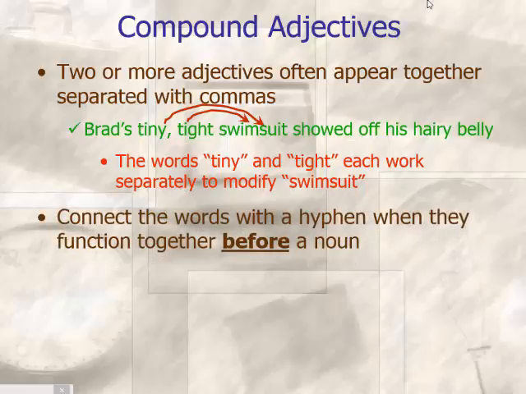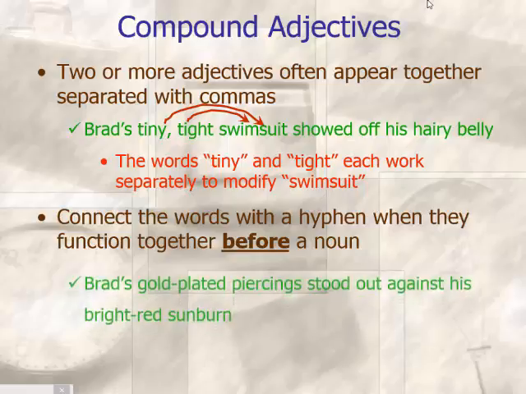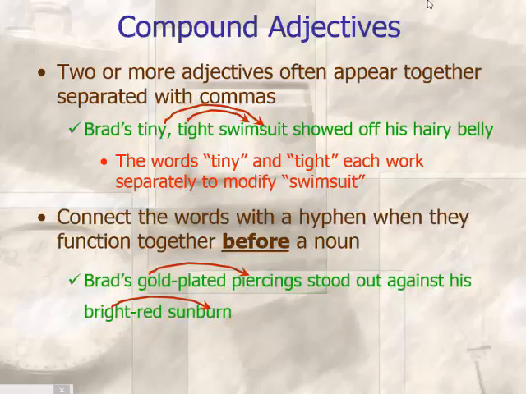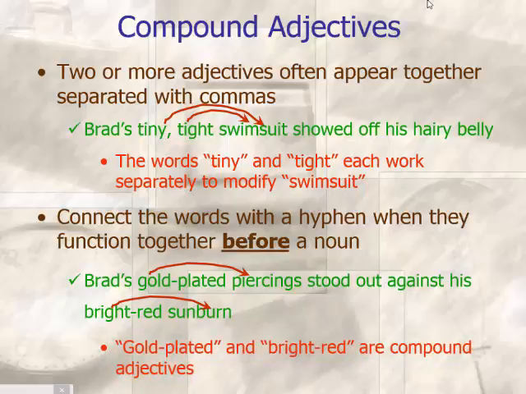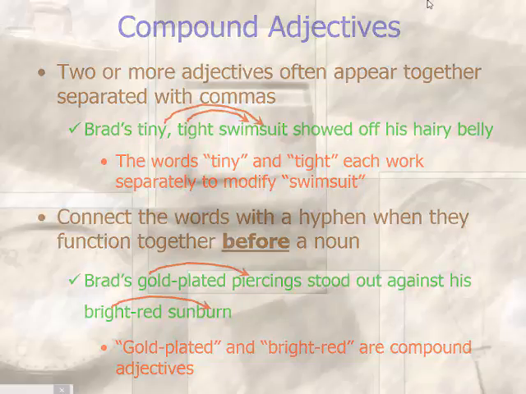Connect the words with a hyphen when they function together before a noun. Brett's gold-plated piercing stood out against his bright red sunburn. Gold-plated and bright red are compound adjectives.